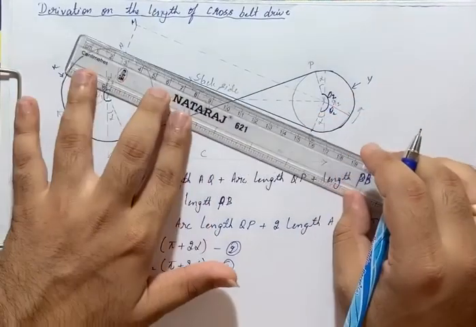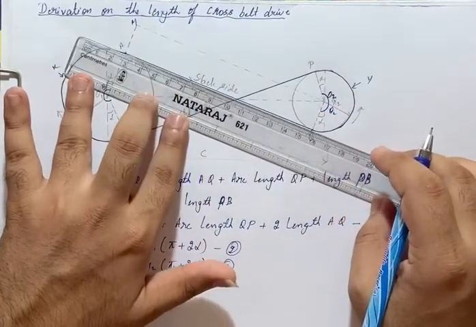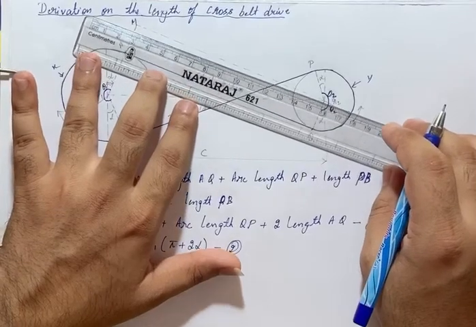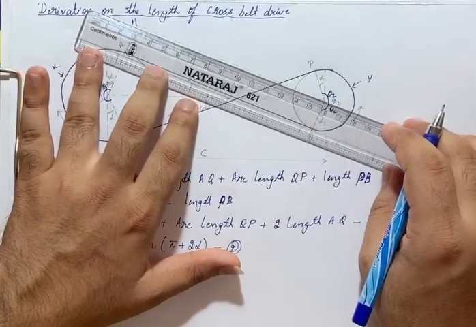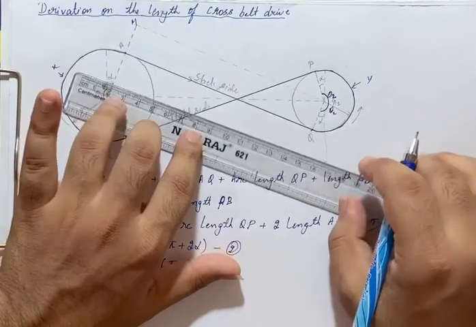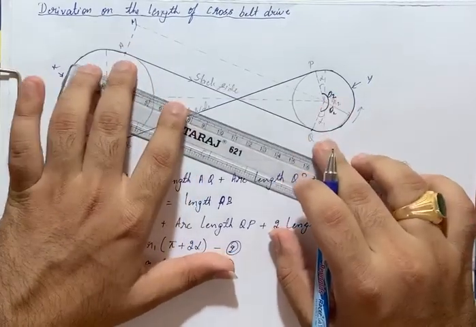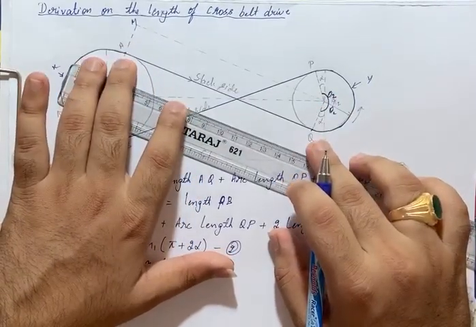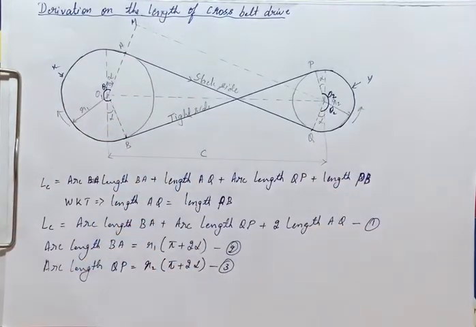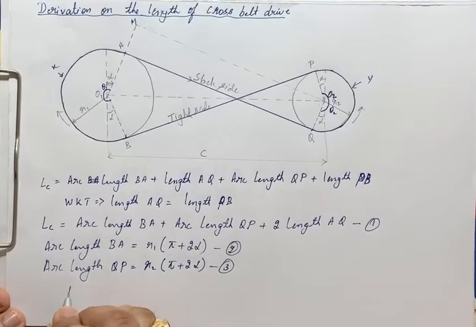That means this line AQ is been taken further to point O2 such a way that MO2 is equals to AQ, right? That is MO2 is equals to AQ here.